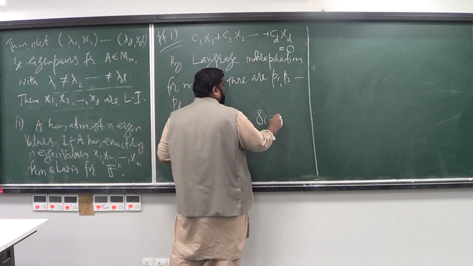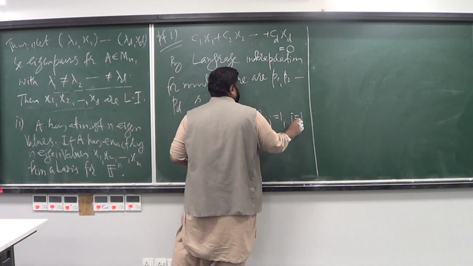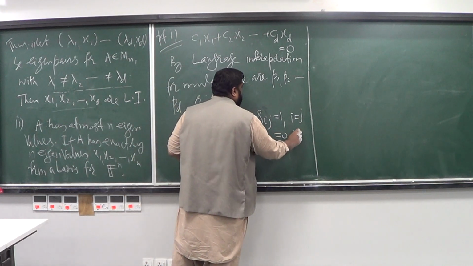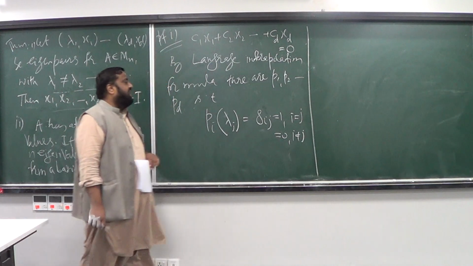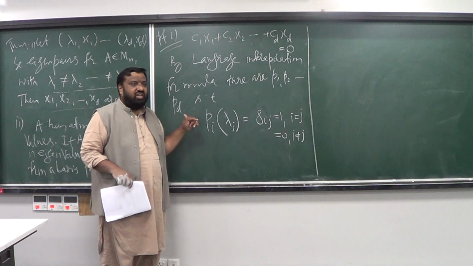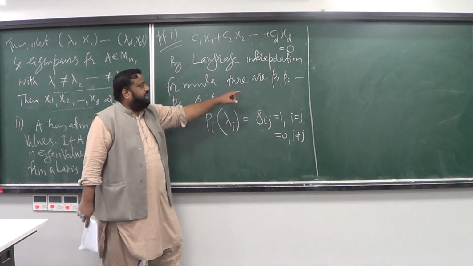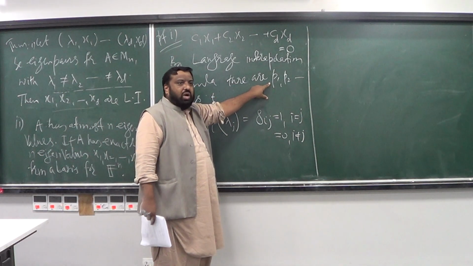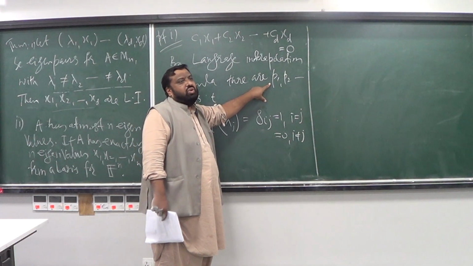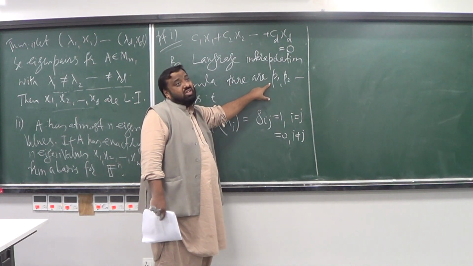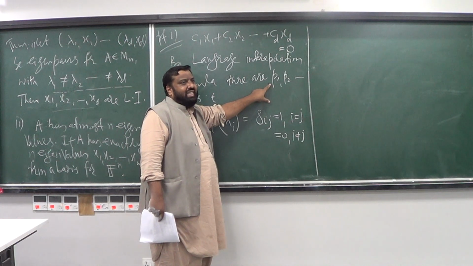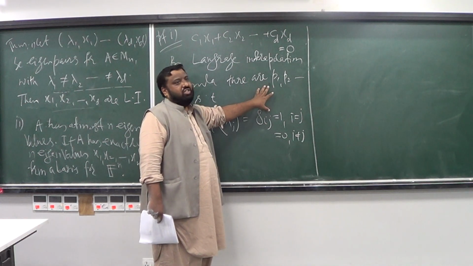In other words, you get 1 if i is j, and you get 0 if i is different from j. So in P1, if you substitute lambda 1, then P1 of lambda 1 is equal to 1. And if you substitute lambda 2 or lambda 3 or lambda d into P1, you get 0.